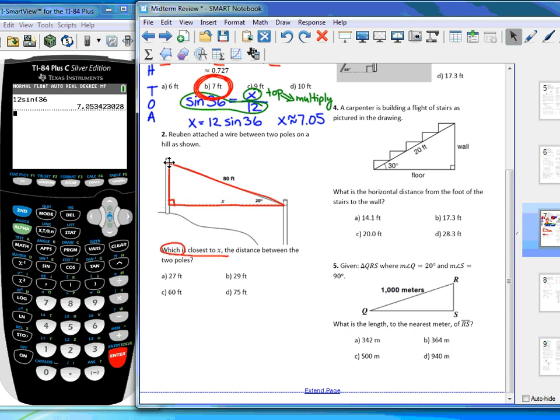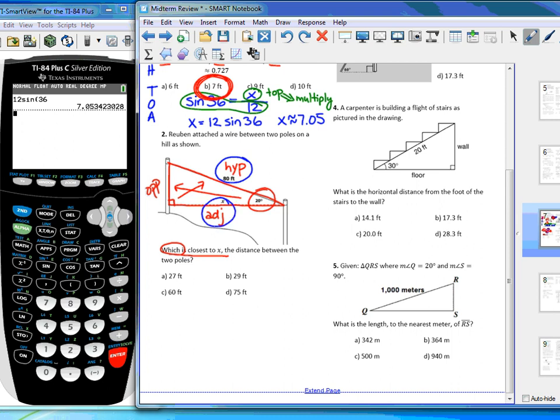So step 1, circle the angle. Step 2, label the sides. Opposite the right angle is the hypotenuse. Opposite the angle itself is opposite. And the one that's left over is adjacent. Once again, I come through and I try to figure out which pieces I have. I have 80 feet. I'm looking for x.